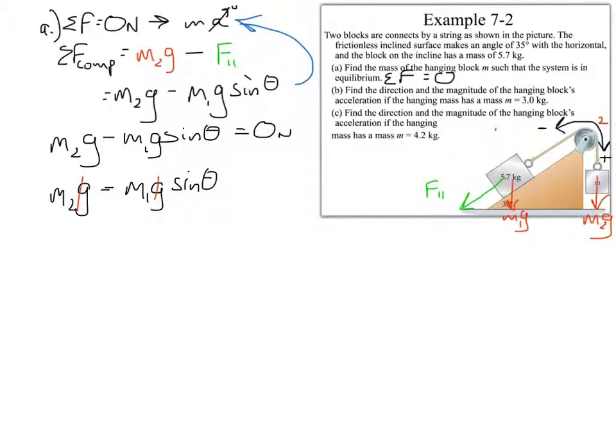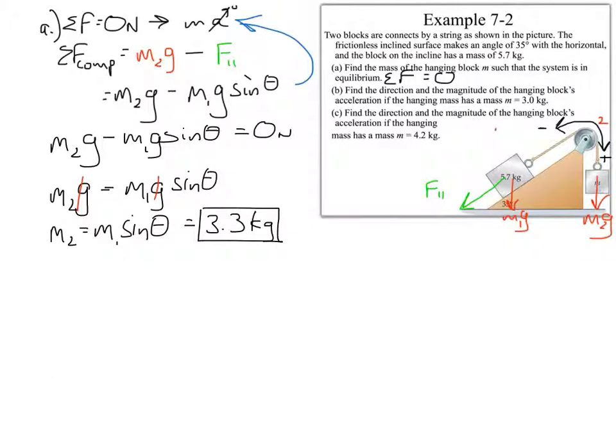And so mass 2 has to be equal to mass 1 sine theta in order for the system to be in equilibrium. Mass 1 is 5.7 kilograms times the sine of 35. I get 3.27. I'll just say 3.3 kilograms.